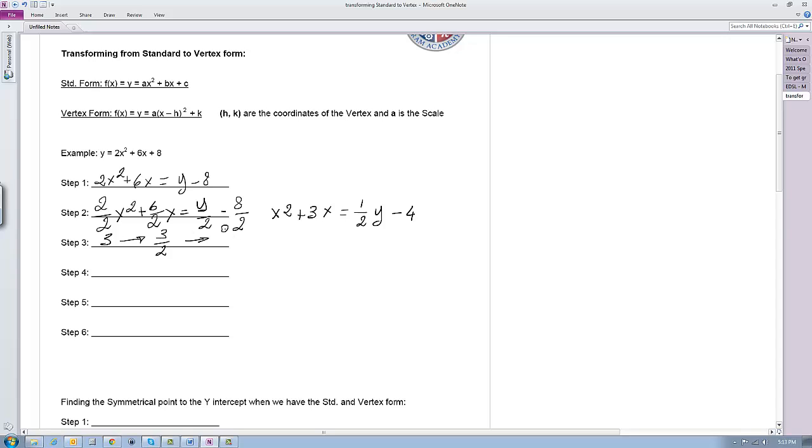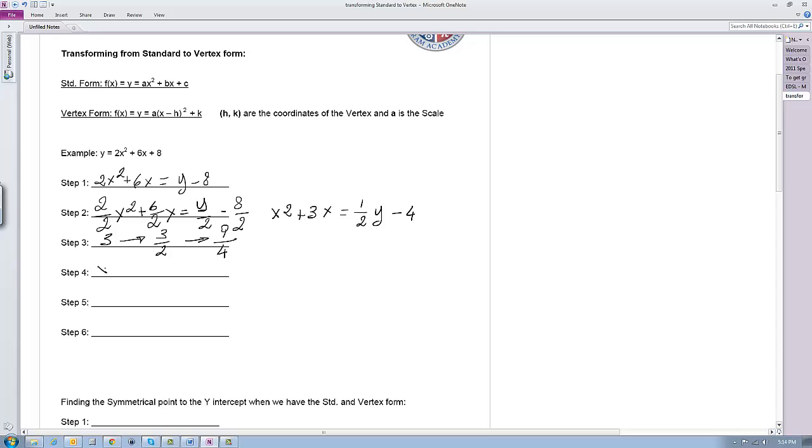So this becomes 9 divided by 4. This term right here is actually the missing piece to complete the square. So if I add this to this binomial on both sides of the equation, I can obtain a perfect square trinomial.